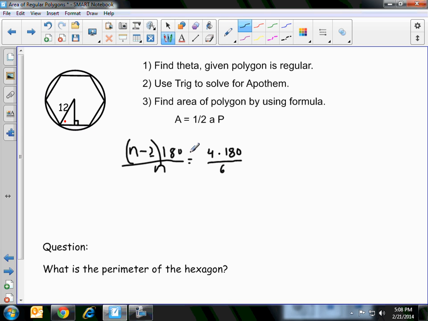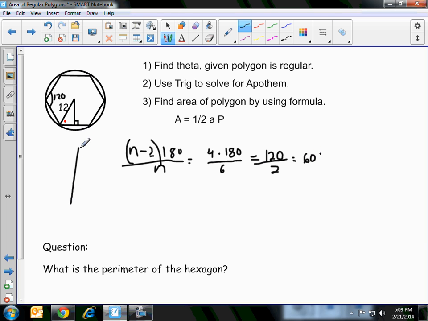So in my calculator, I'm going to write 4 times 180 divided by 6, and that's simply 120 degrees. Now don't get confused. That's not how big theta is. That's how big the whole entire angle is. That's 120 degrees. Theta is always half of that. So that is 60 in this case.